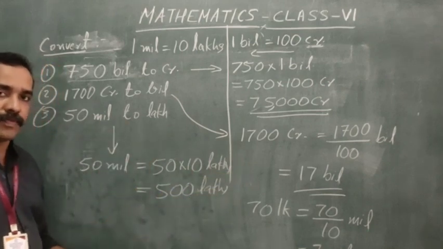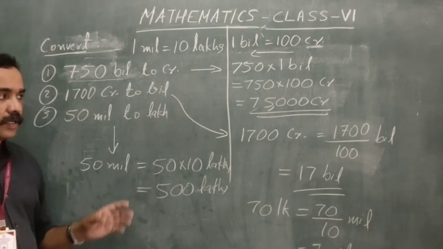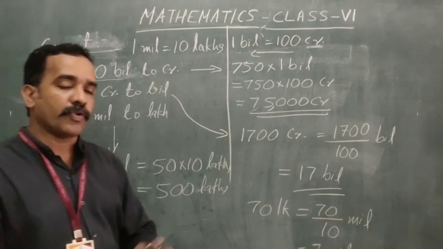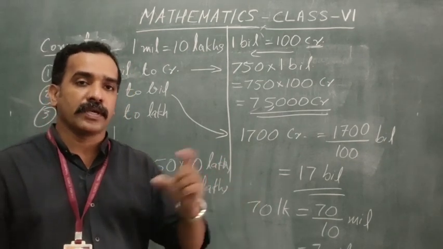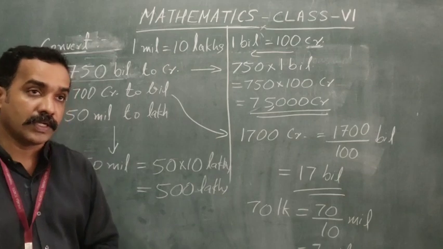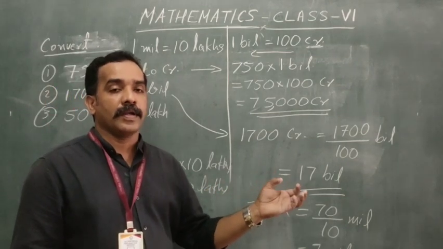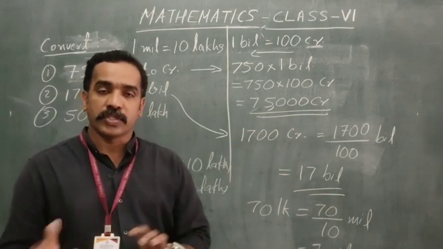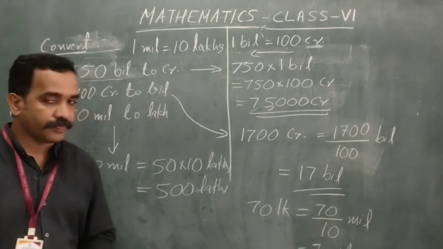Both ways we can convert. Understood? So next let us see, if some number names are given, how can we write them? Suppose the number name is given using the Indian place value chart system, how can we convert that number name to the international place value system?